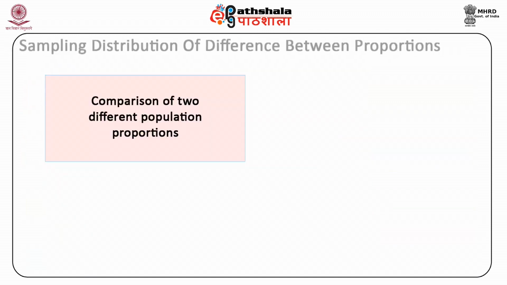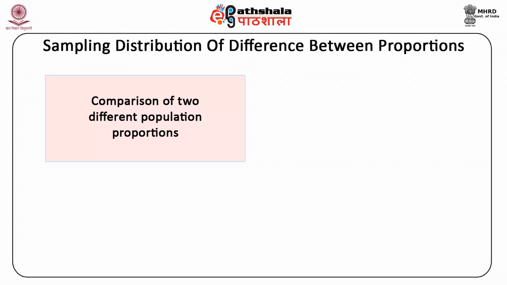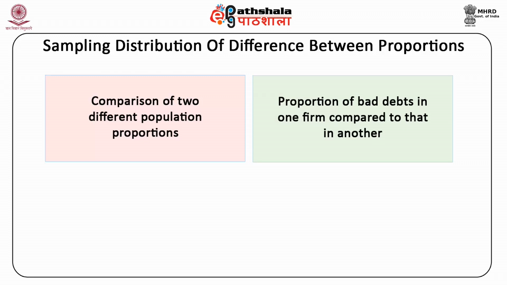The theory behind testing the difference between two proportions is to test whether they are significant or not. Problems often arise in the business world requiring the comparison of two different population proportions: the proportion of defects produced by one method compared to that produced by a second, or the proportion of bad debts in one firm compared to that in another.